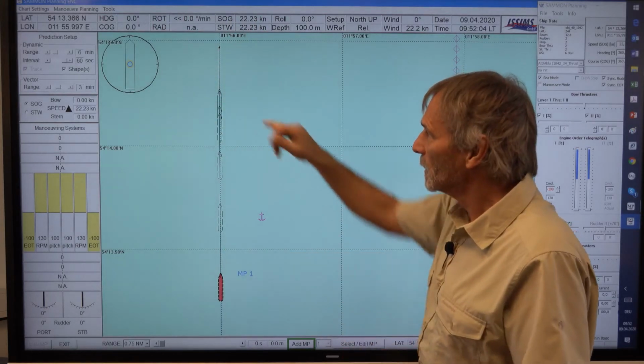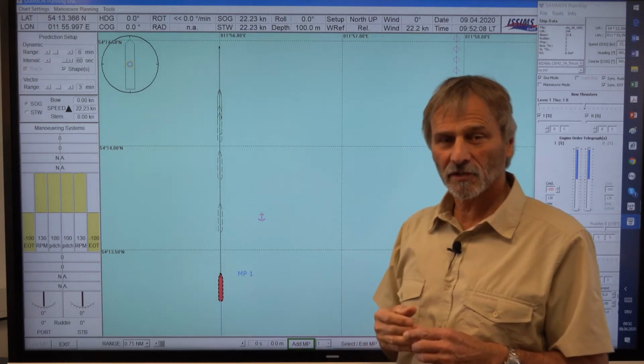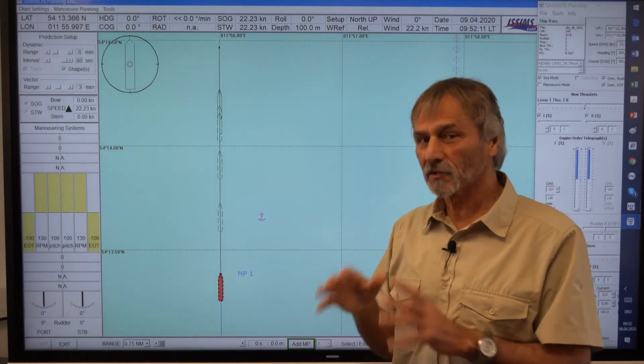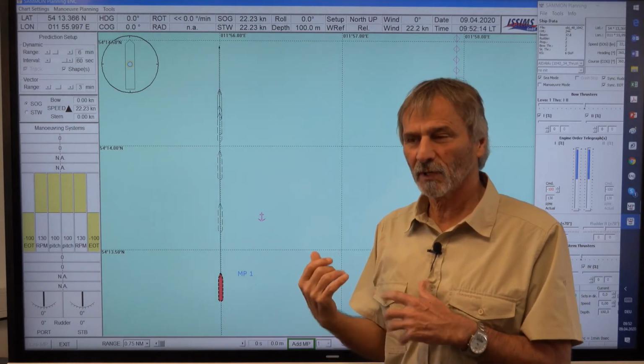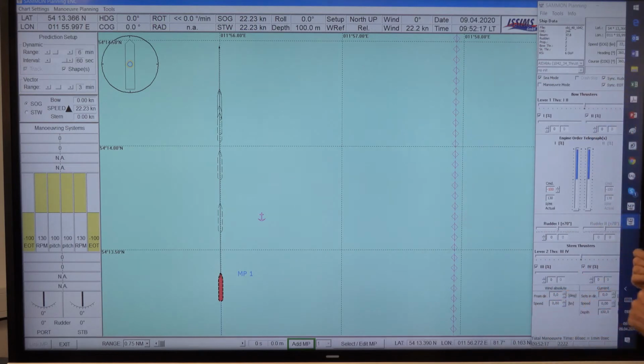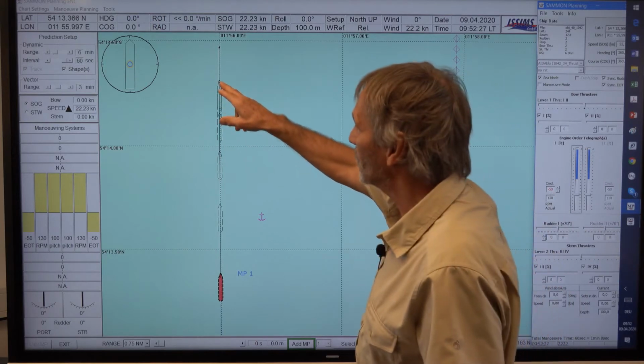So what we see is it's a little bit longer than our stopping distance, so you know the stopping distance is smaller than 3 minutes. We could even have some reserves. Maybe we don't go back to minus 100%. Instead, we go for maybe 50% only. Then you see immediately the stopping distance will get a little bit longer.